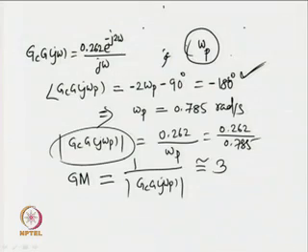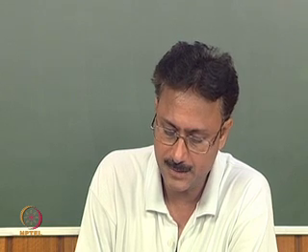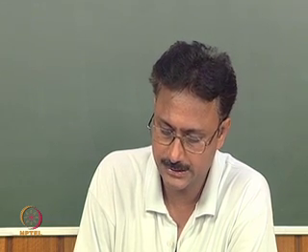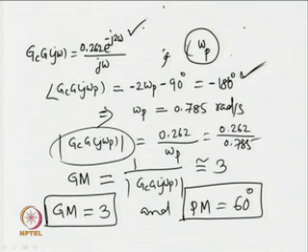So, what we have found from the analysis of the loop gain is that the loop has a gain margin of 3 in absolute value terms and a phase margin of 60 degree.